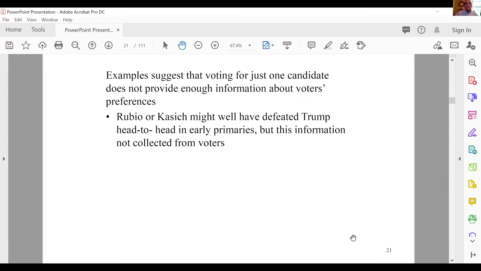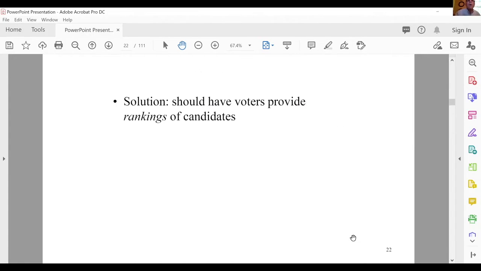They can't say anything about other candidates. So as I noted, Rubio or Kasich might well have defeated Trump head to head, but there was no way of knowing that given our current election system because that information was not collected from voters.